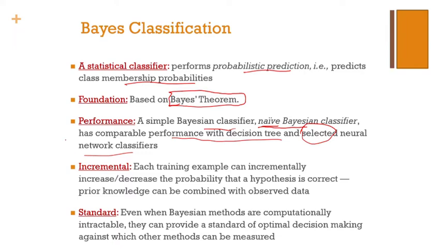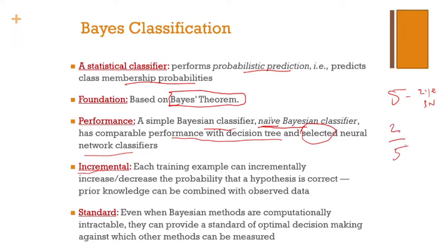Now, another unique attribute we have to know about Bayes classification is that it has an incremental property. What do we mean by this? Each training example can incrementally increase or decrease the probability that a hypothesis is correct. If you calculate the probability of an event, let's say we have 5 samples, and in these 5 samples there are 2 yes and 3 no. If I pick 1 sample, what's the probability that that sample is a yes?